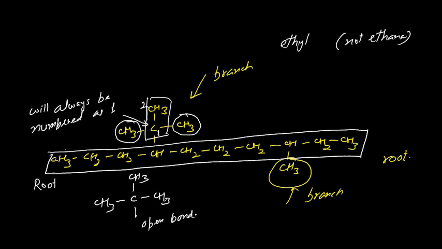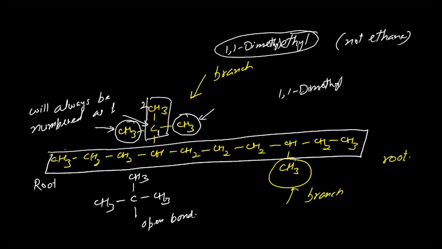I will write ethyl, and then I will write the 2 substituent groups, branches on first carbon, which will be 1,1-dimethyl. So I have 2 methyl groups. So I will write 1,1-dimethyl. If anything is not clear, ask, and I will write it just before it. So 1,1-dimethyl ethyl is the name of this substituent group which is attached to root. I have named the side chain also as IUPAC name.